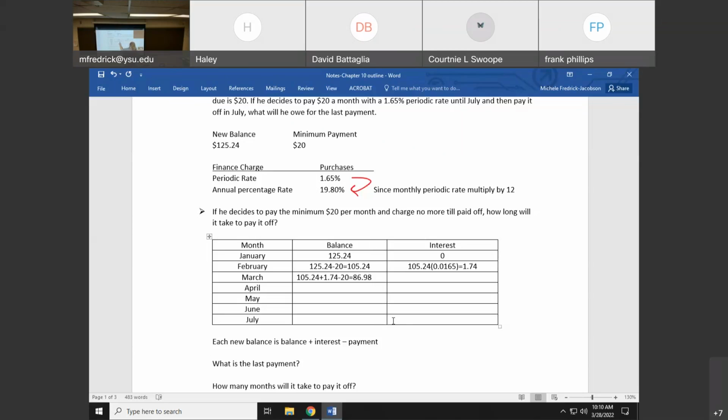But instead, he's making another $20 payment, so we subtract the 20, and he has a current balance now of $86.98.